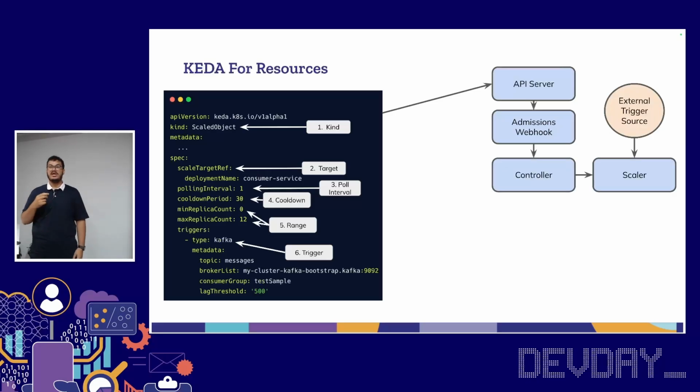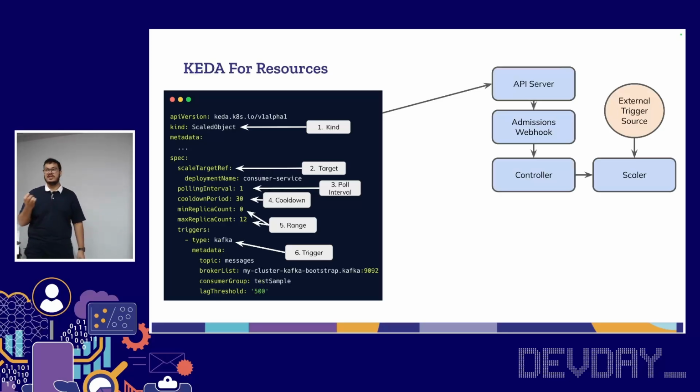Once it has validated that scaled object, it accepts it. The controller, again the brain, uses scalers in memory to connect to your external source. So in this case, once you define your scaled object, your controller will run a scaler in memory, which will connect to your Kafka. It will get the metric value for this consumer group called test sample for the topic messages.